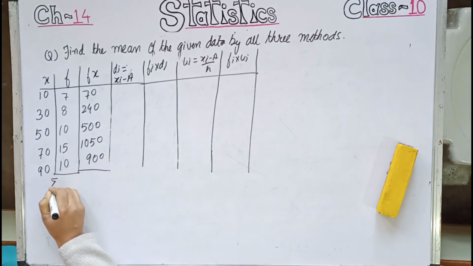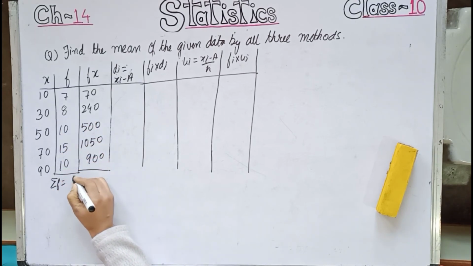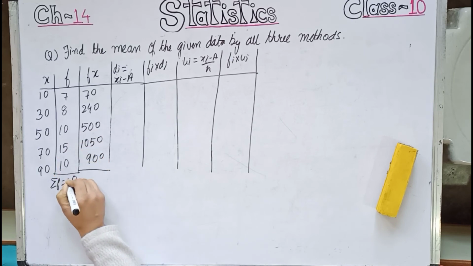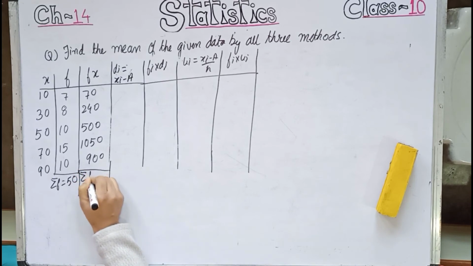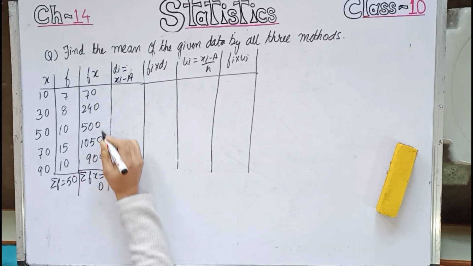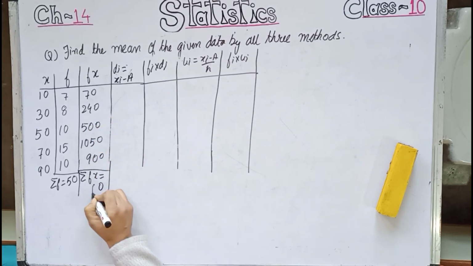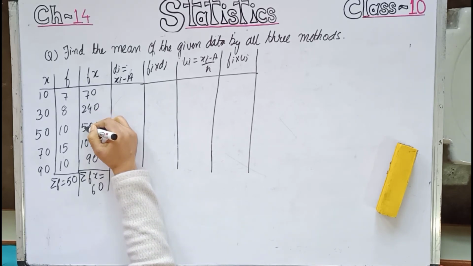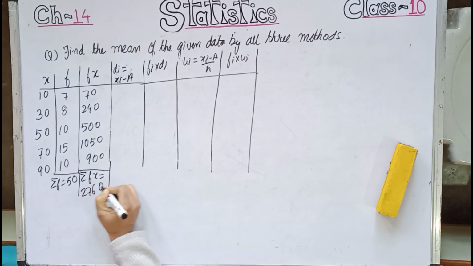Summation f equals 50. Now summation fx equals 2760.